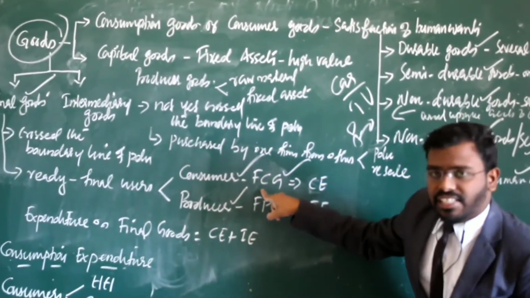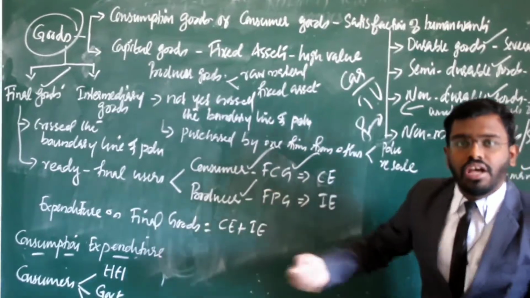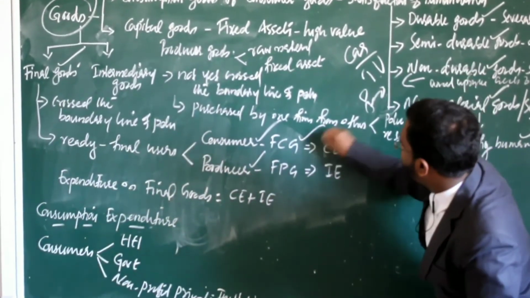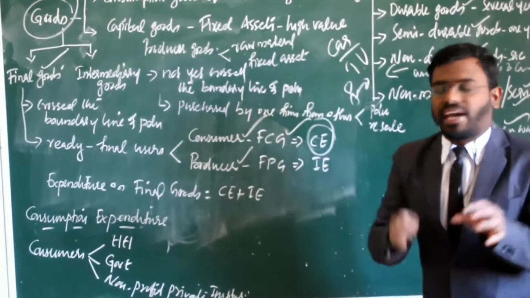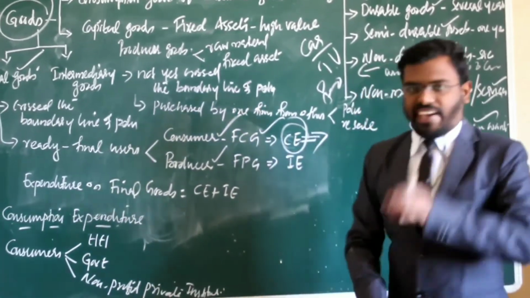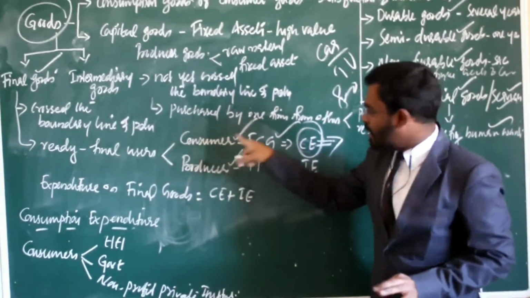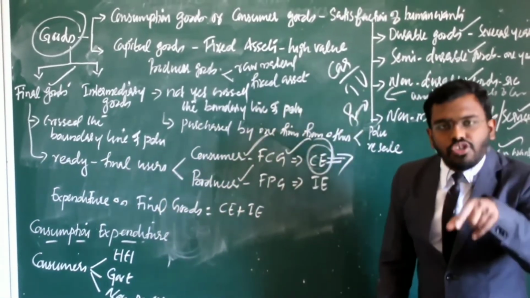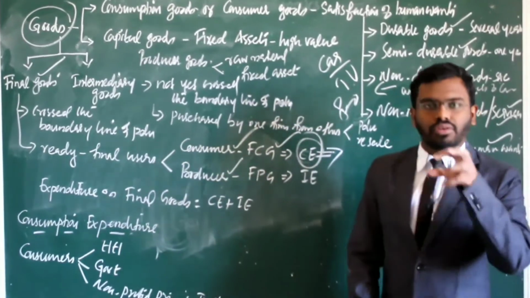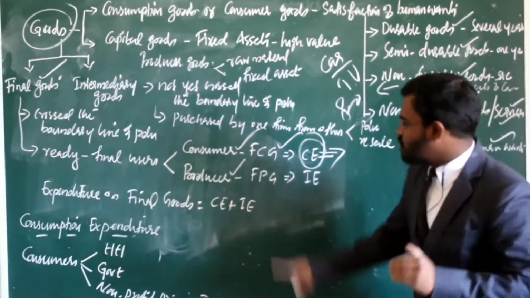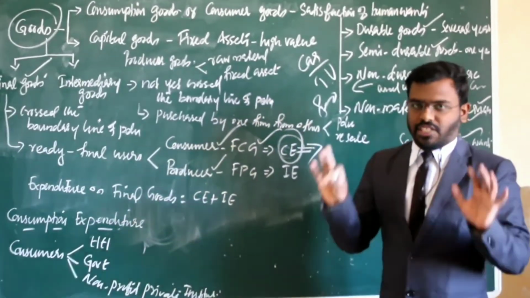For purchasing this final consumer good, the consumer spends some money. That expenditure is known as consumption expenditure, because consumers demand this final consumer good for consumption purpose.